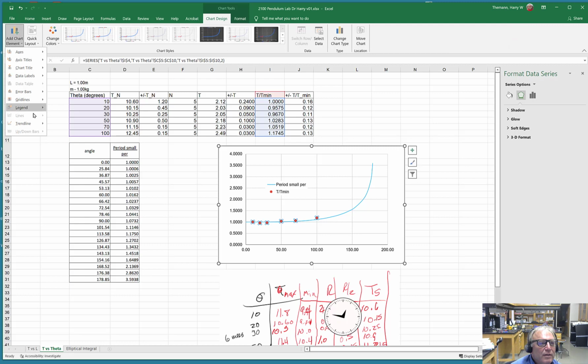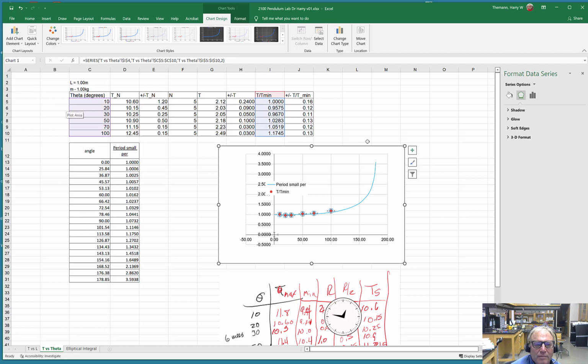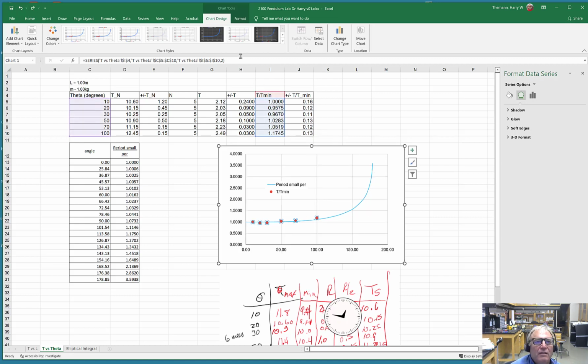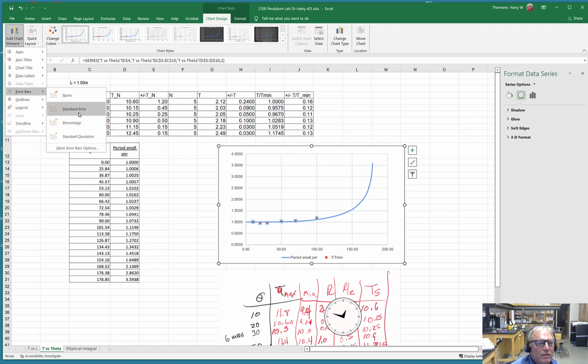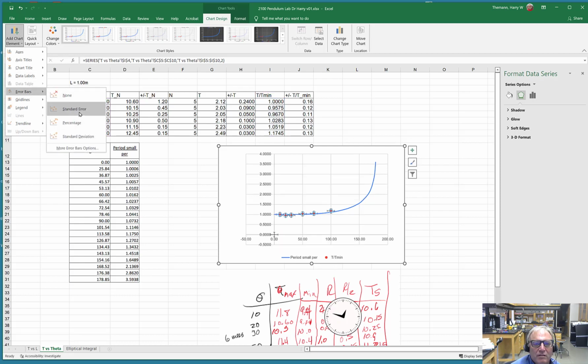Add a chart element. We don't ever want, I wonder what happened there. And I noticed the trick was to select, because if I don't do that, it's going to add error bars to both, right?